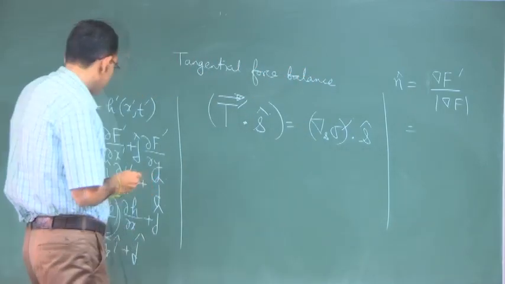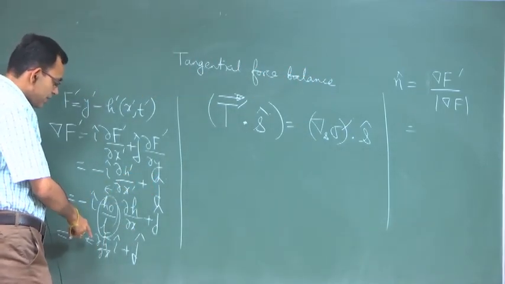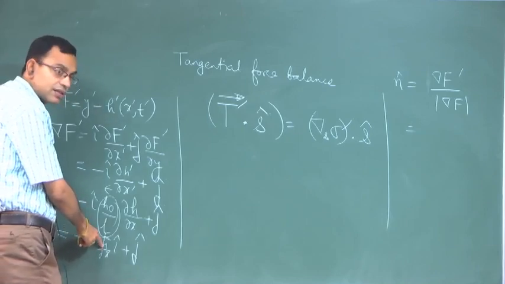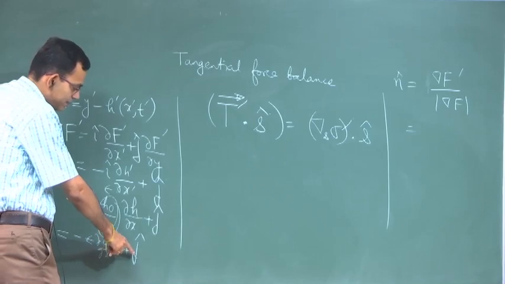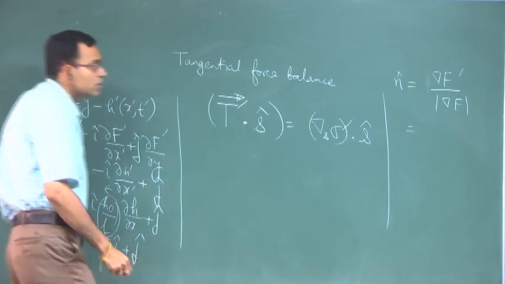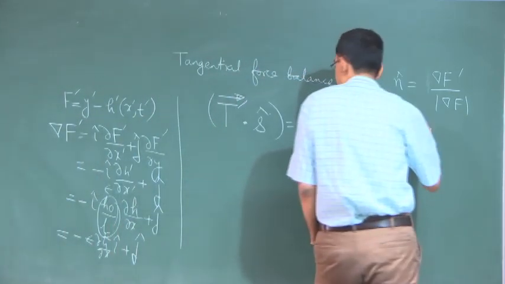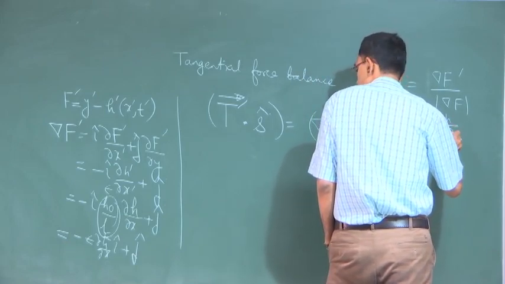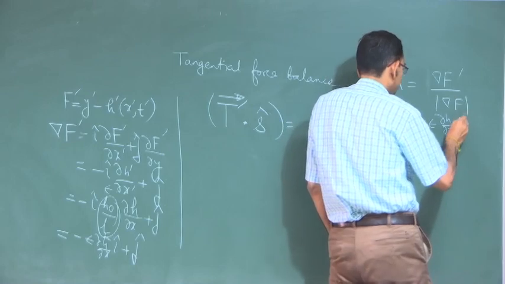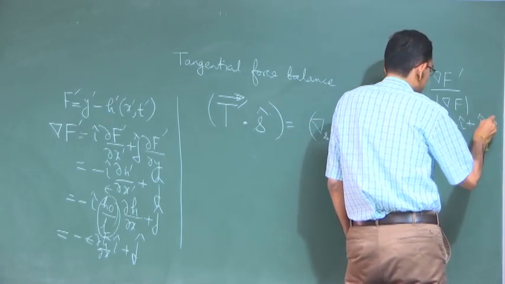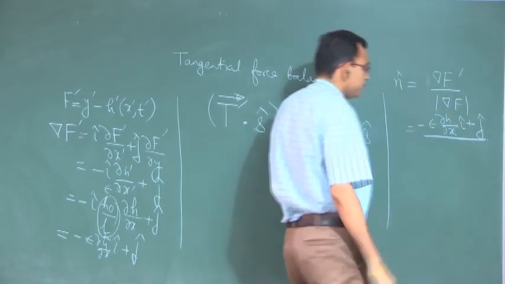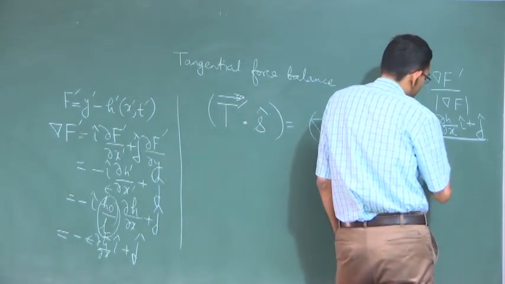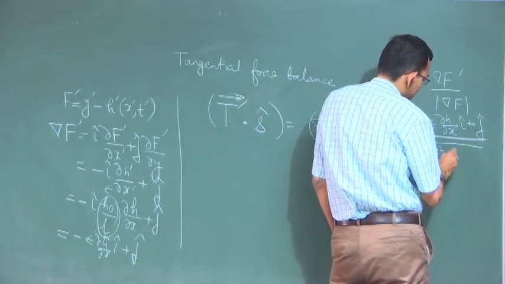Now, in the denominator there will be the square root of epsilon square times del h del x squared plus 1. So, it will be minus epsilon del h del x i plus j, divided by that square root.